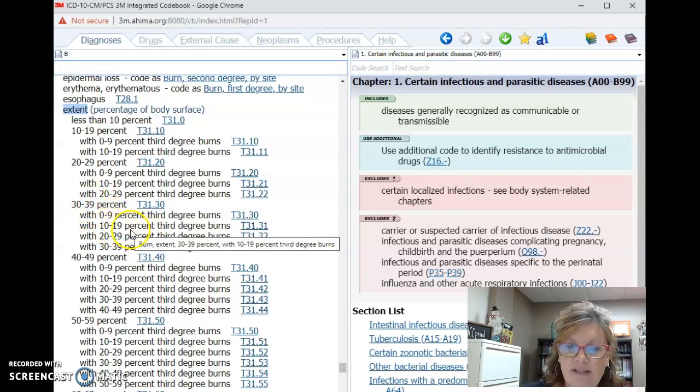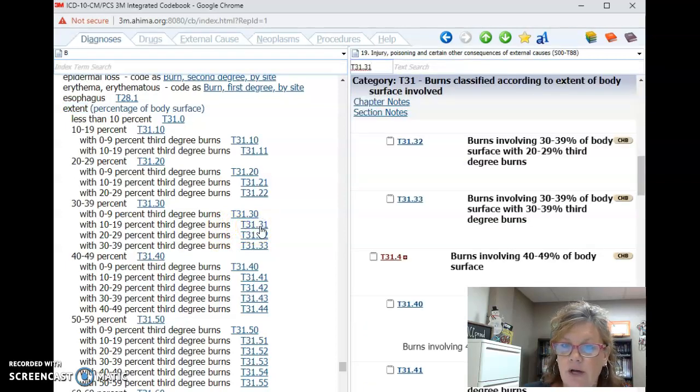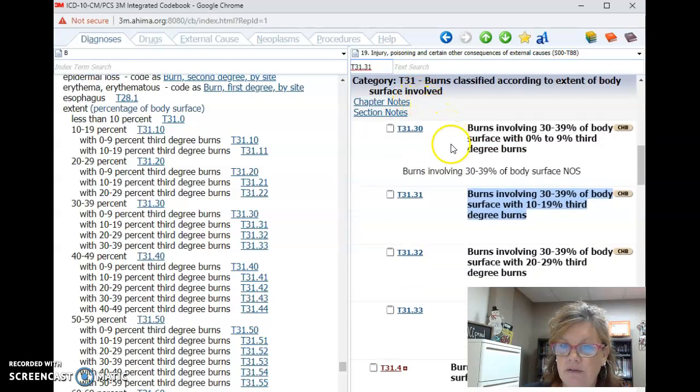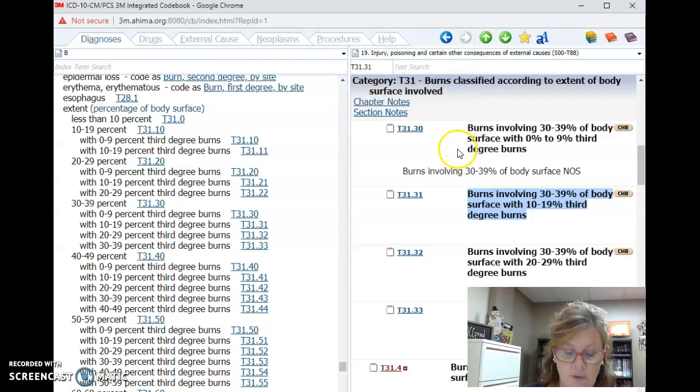And then if I only had 10% third degree, my code's going to be T31.31, right here. And then you look again back in your tabular, there's not another character. Okay? So that's a big thing there for extent.